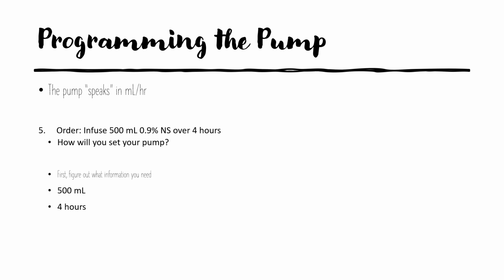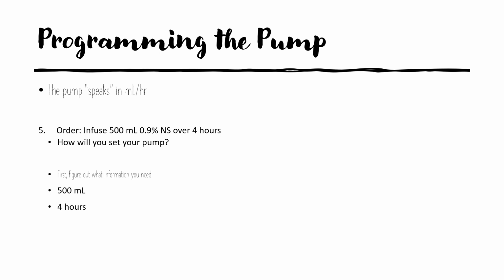Next, we're going to talk about programming the pump. So remember, the pump speaks in milliliters per hour. If you can remember that, that will tell you exactly what information you need to find out. So if I have an order to infuse 500 milliliters of 0.9% normal saline over 4 hours, and I want to know how I'm going to set my pump, first step is to figure out what information from that problem you actually need.